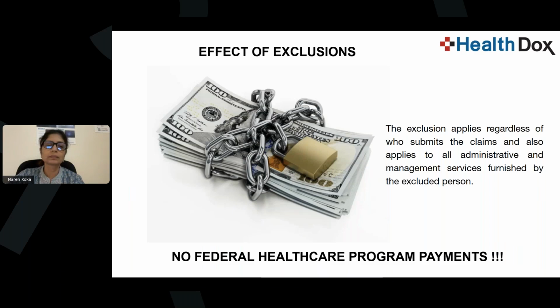The LEIE is available on the OIG website, and you can access it in two ways. One is to search it online by a person's name or an entity name, or otherwise you can download the full data set. The database is publicly available for bulk screening.